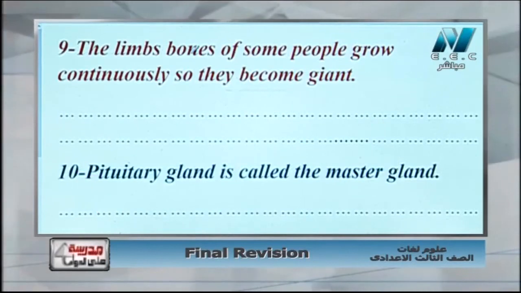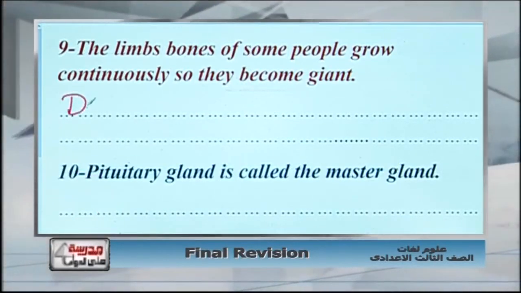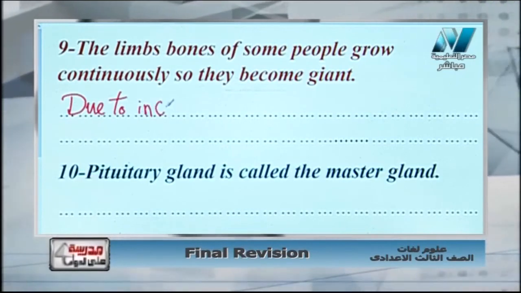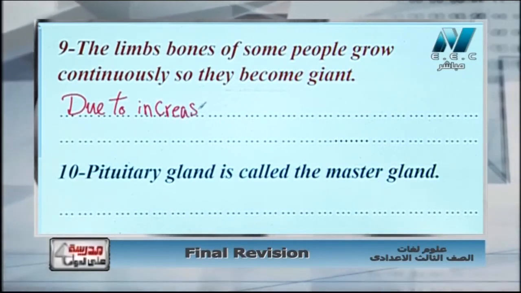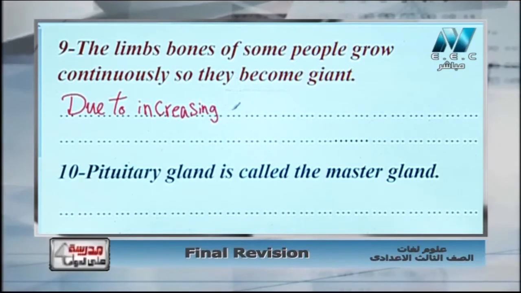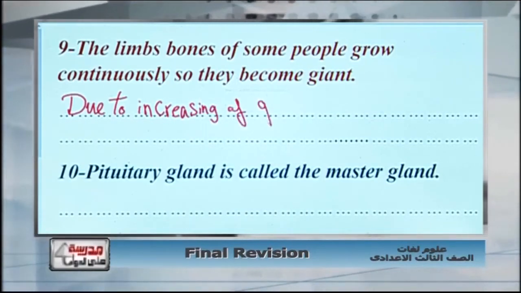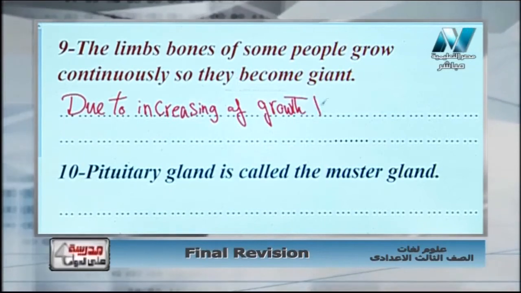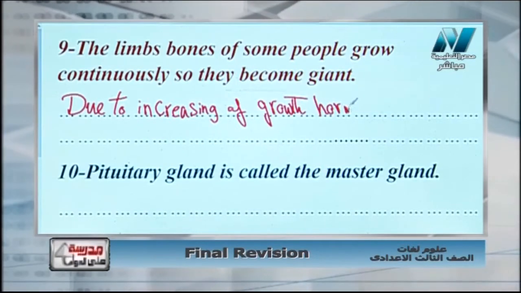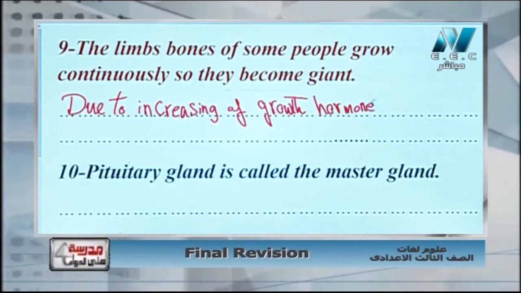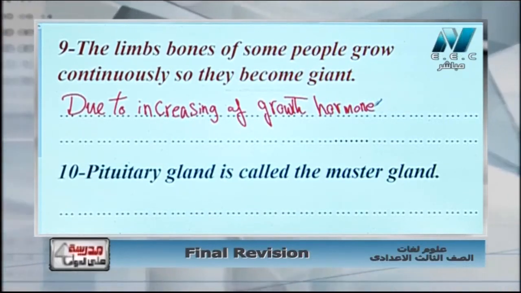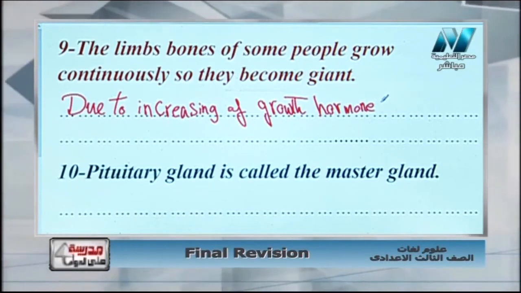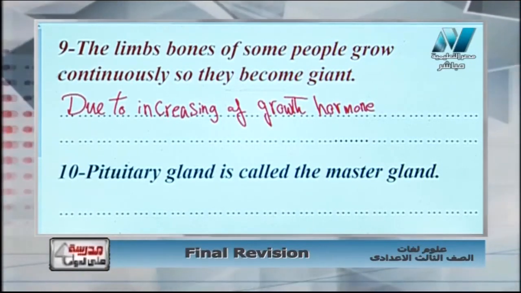Due to, yes, يبقى due to increasing of growth hormone. طبعا الإنسان هنا ده height أو ارتفاعه يعني أو طوله كان reach مثلا 3 meters، يمكن طوله يوصل 3 متر.